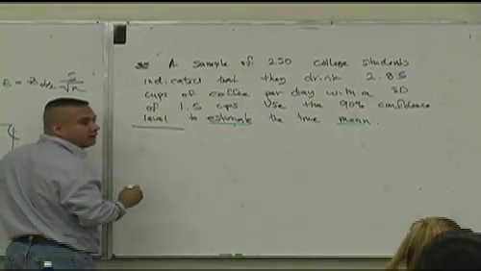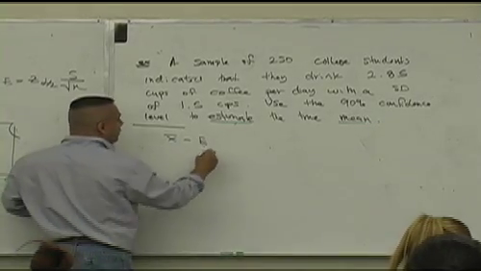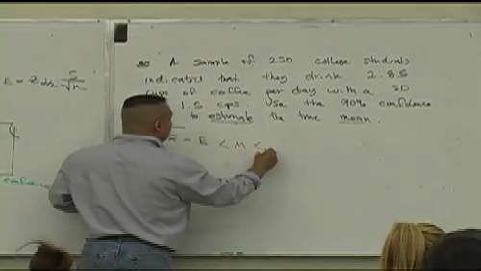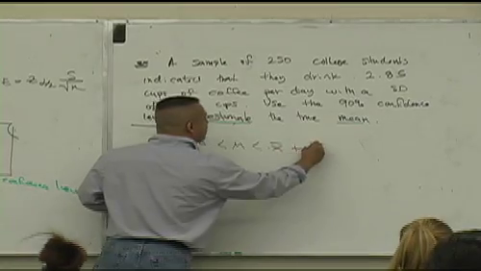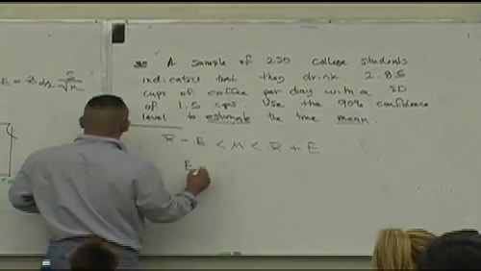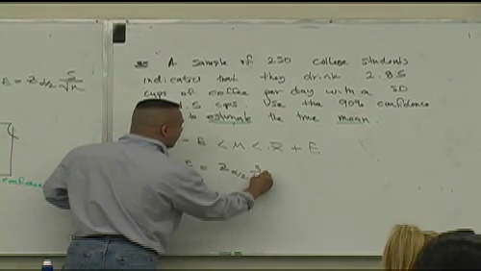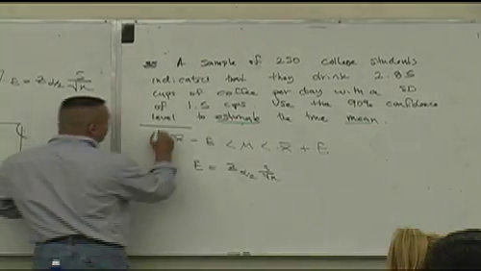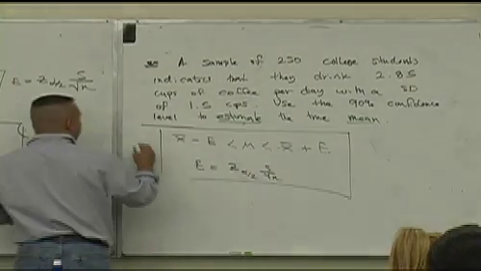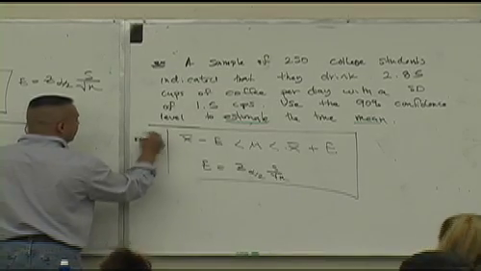What's the format again? It's a sample mean minus your error, less than true mean, less than the sample mean plus the error, where the error is z alpha over 2 times s over square root of n. This is your format.